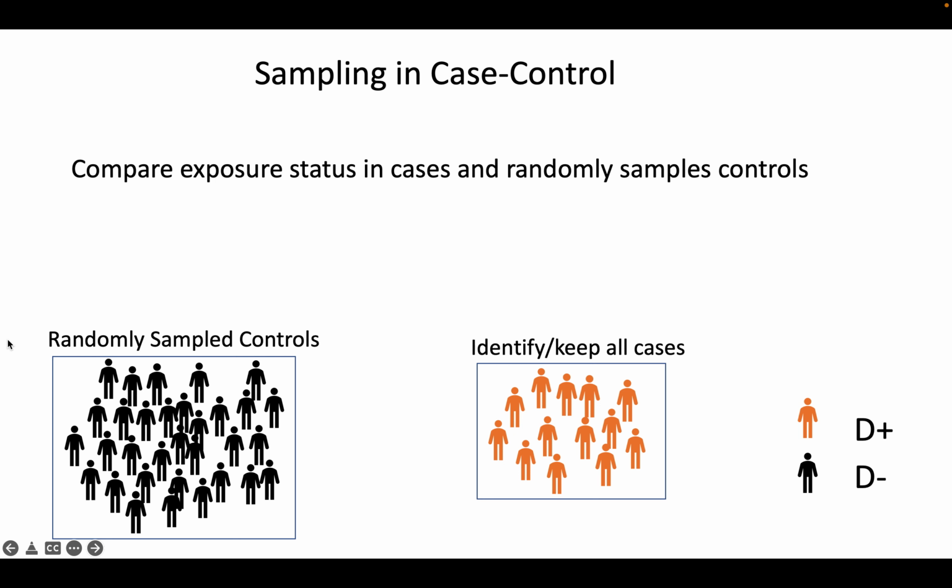There are definitely opportunities for selection bias to occur, but because we sampled without any information related to exposure in how we picked the controls and the cases, we can expect each group to have the exposure distribution that we're interested in.